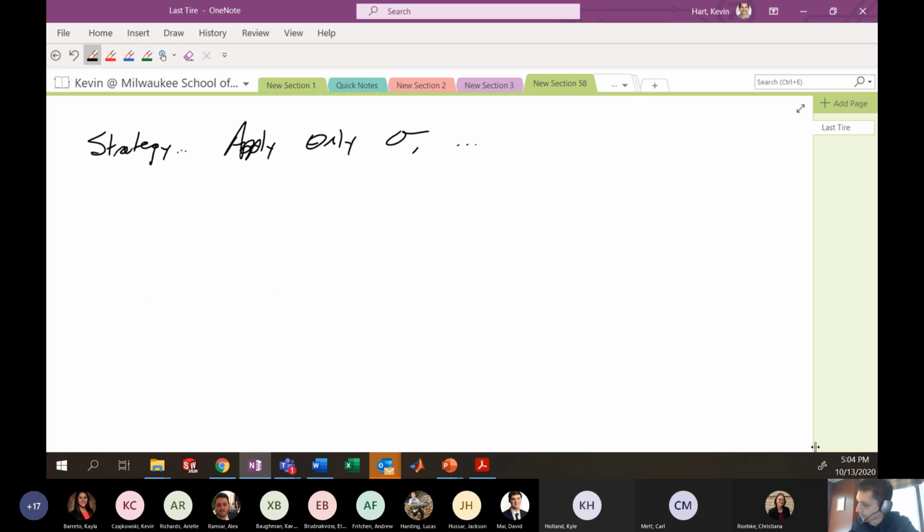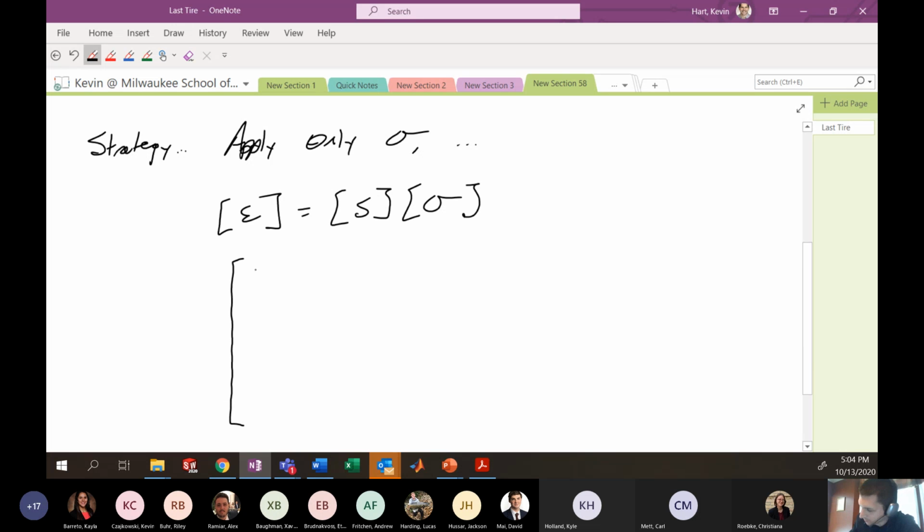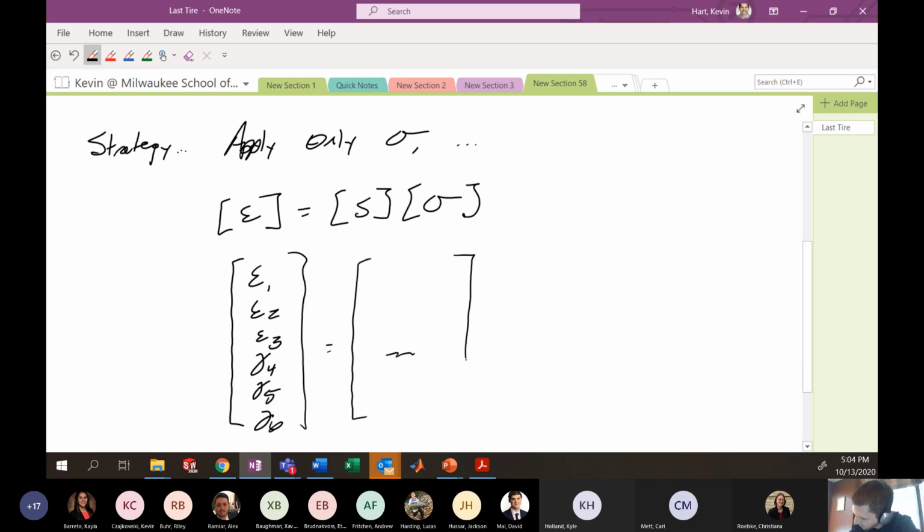And so if we isolate one of the general conditions, for example, apply only sigma 1, you would have your full strain vector being equal to your compliance matrix S times your full stress vector. In full form it might look something like epsilon 1, epsilon 2, epsilon 3, gamma 4, gamma 5, gamma 6 equals this 6 by 6 S matrix multiplied by only sigma 1 and then all zeros.